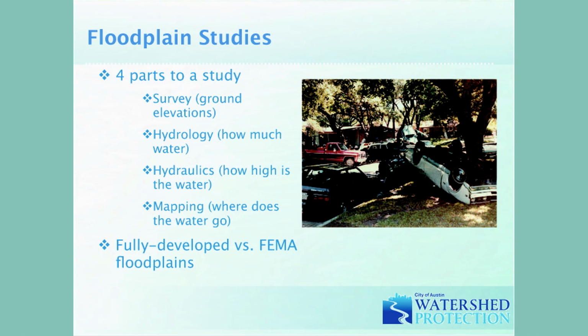The reason for that is FEMA can't require someone to buy flood insurance based upon a future condition that hasn't happened. So all these maps that we have here, and the maps on the Floodplain Changes website that was on some of the information you got, are all FEMA floodplain information.